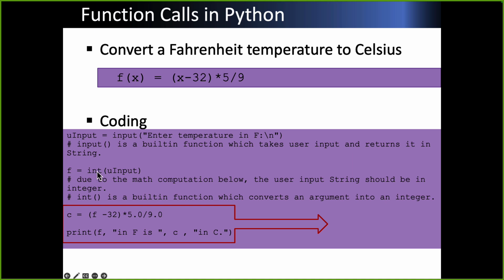Remember that int is a built-in function. This built-in function takes a number-like string to convert to an integer. So the outcome of evaluating this function call is assigned to new variable f.